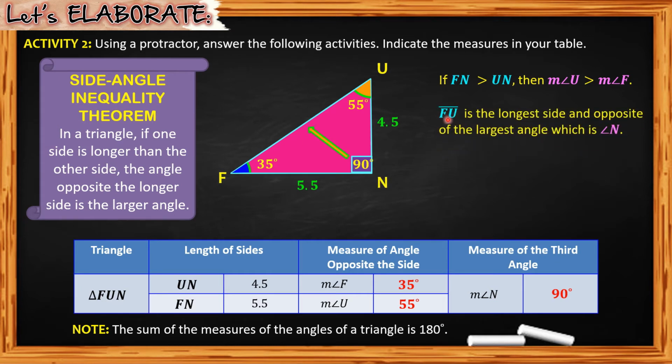And line segment FU is the longest side and opposite of the largest angle, which is angle N. So if FU is greater than FN and FN is greater than UN, then the measure of angle N is greater than the measure of angle U, and the measure of angle U is greater than the measure of angle F. And that is what we call the side angle inequality theorem.